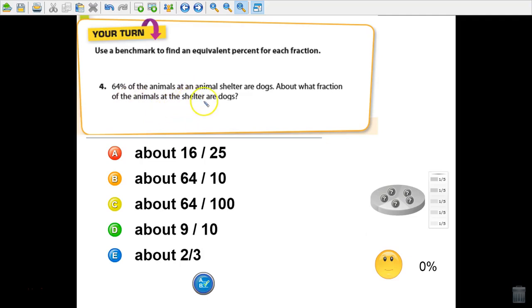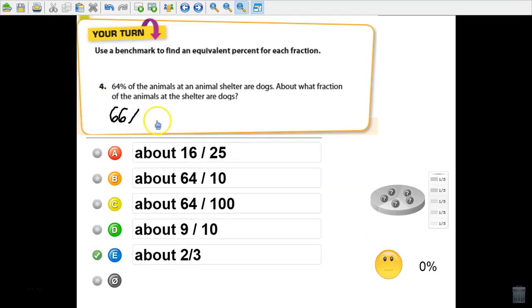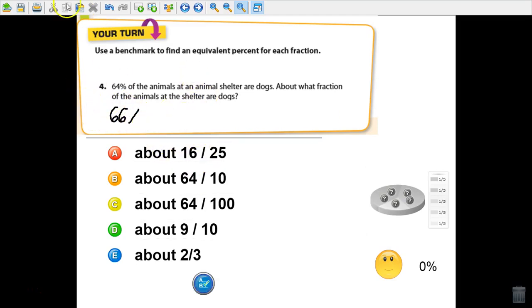64% of the animals at an animal shelter are dogs. About what fraction of the animals at the shelter are dogs? So I'm thinking about this, and 64% is close to 66%. Okay, it's close to 66%.